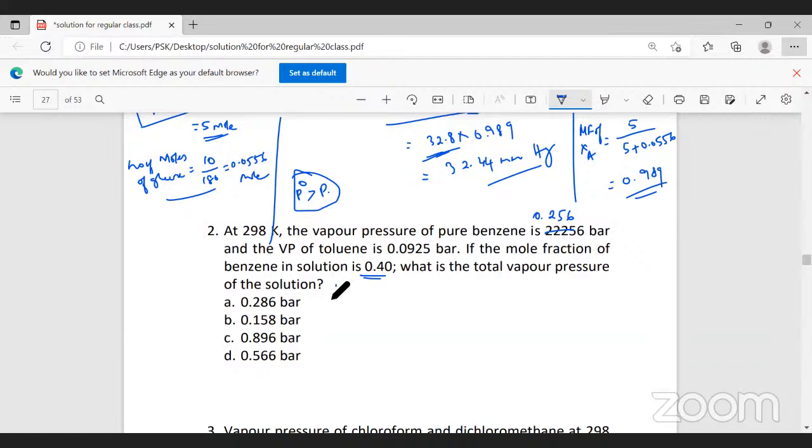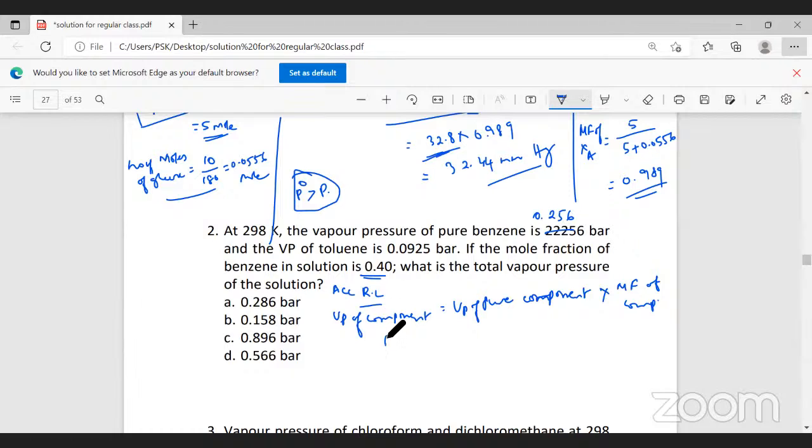According to Raoult's law, the vapor pressure of a component is equal to the vapor pressure of the pure component, or pure liquid, times the mole fraction of the component.